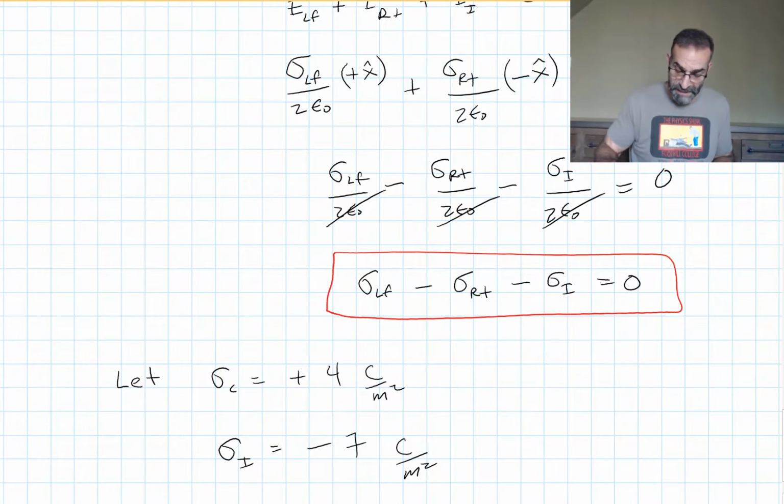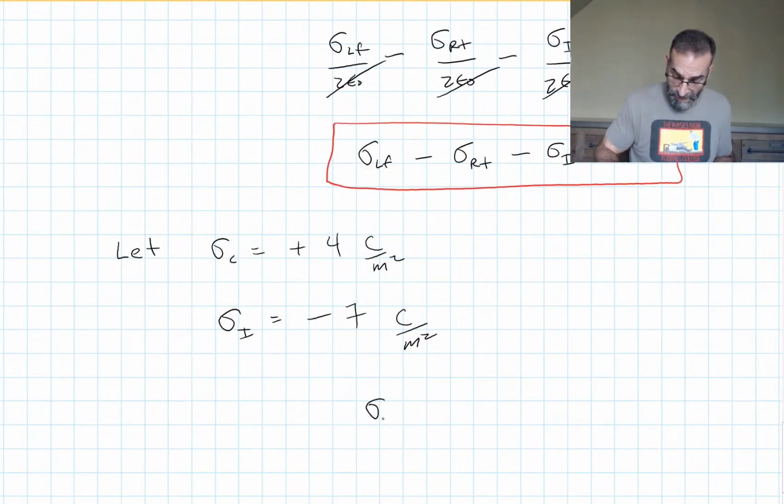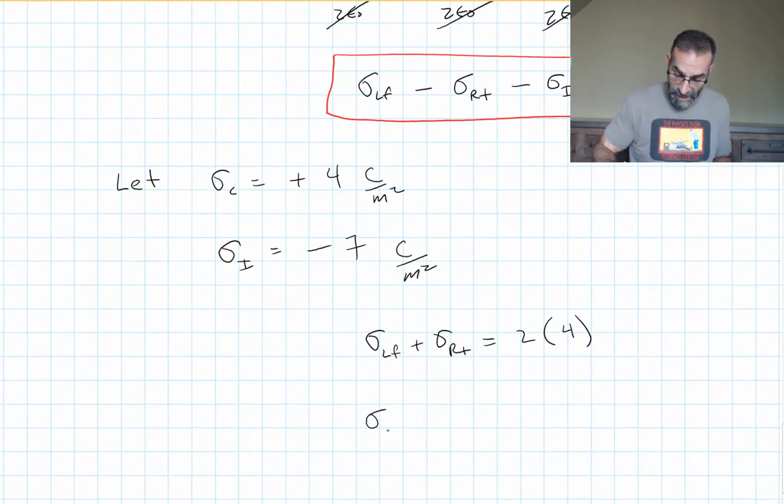So that means that sigma left plus sigma right is going to be 2 times 4, or 8, and sigma left minus sigma right minus a negative 7 has to be 0.